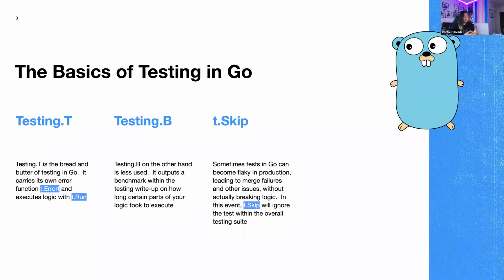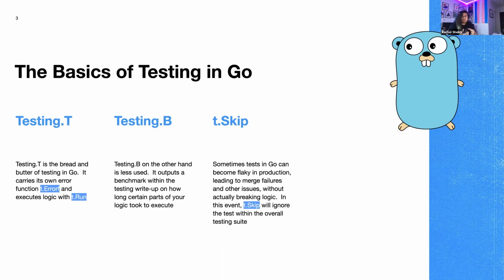And t.Skip. We're going to cover this a little bit later, but in production, when you're working on a large code base with a lot of people and you're constantly adding and building new services, tests can become flaky over time. What is a flaky test? So flaky tests involve anything like you're merging in new code and suddenly your AWS builds start failing. But your logic works in your local tests and it works in production.